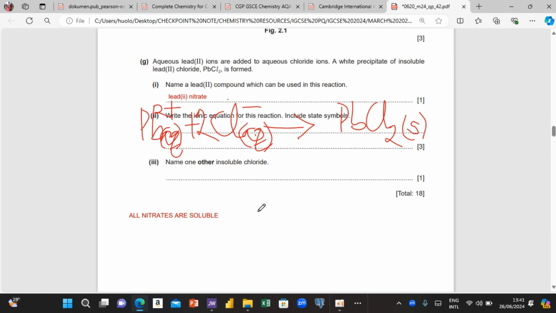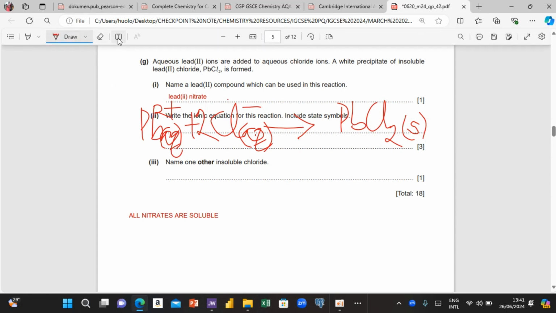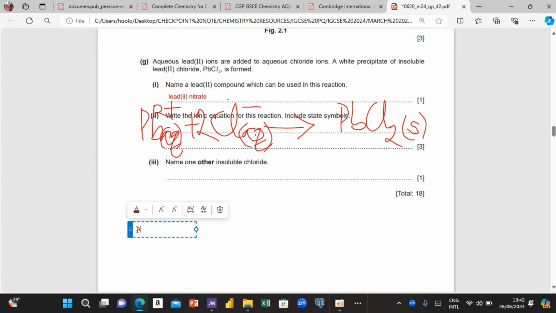Now the next question: name one other insoluble chloride. Generally you know that all chlorides are soluble. Anything that is made up of chloride is soluble.